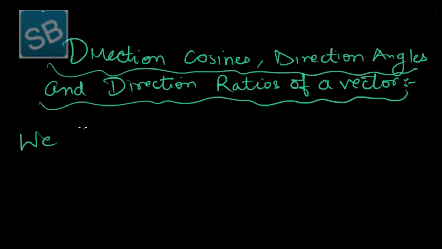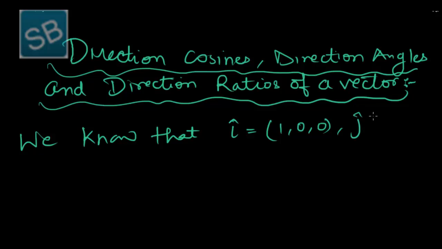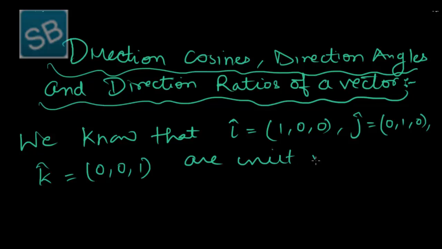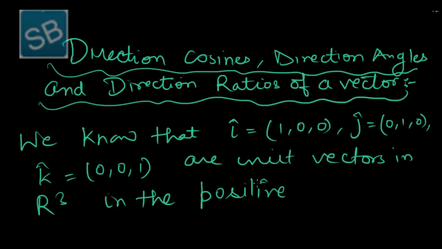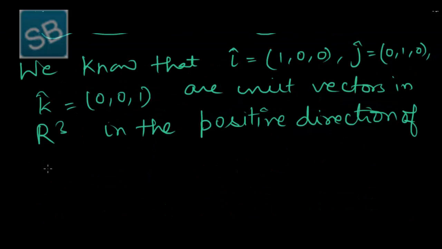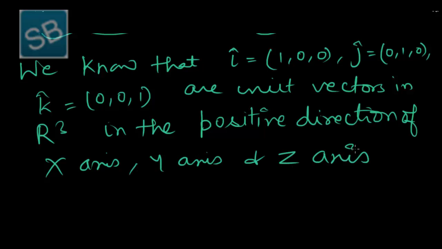We know that vector i, the unit vector along the x-axis, vector j, the unit vector along the y-axis, and unit vector k, the unit vector along the z-axis, are unit vectors in R3 in the positive direction of the x-axis, y-axis and z-axis respectively.